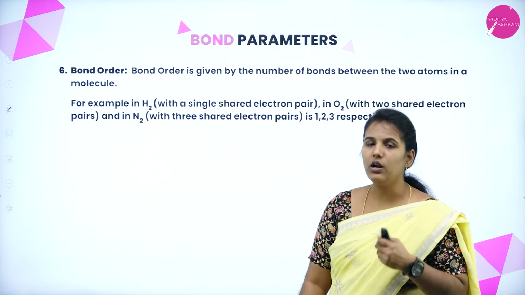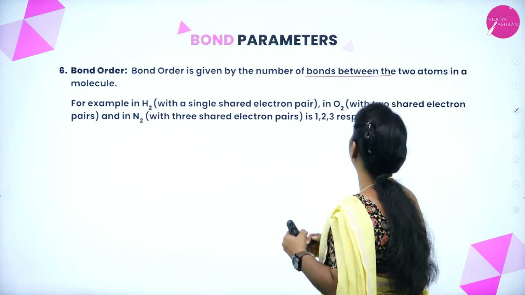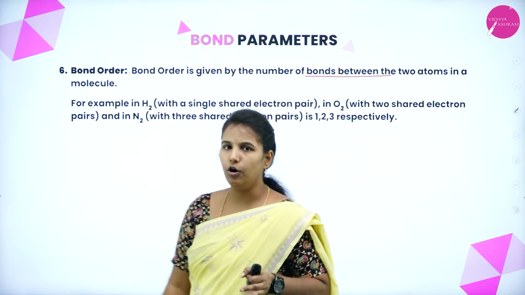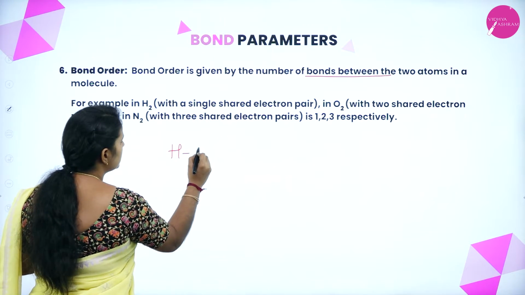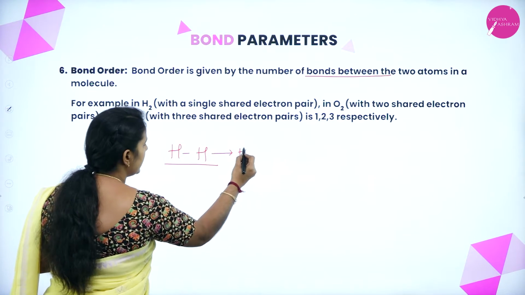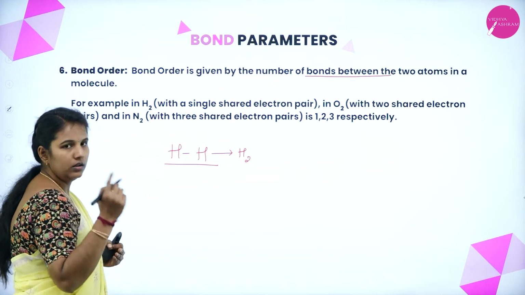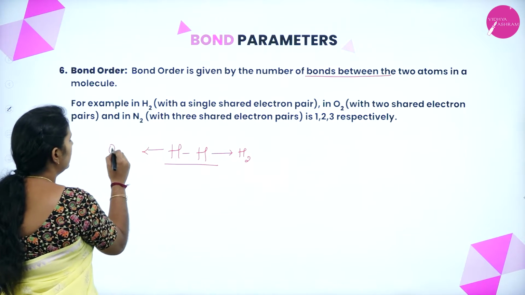Next is bond order. Bond order is given by the number of bonds between the two atoms in a molecule. So, for example, if I write hydrogen and hydrogen, we know that in a hydrogen molecule there is a single bond. Hence, the bond order will be 1.